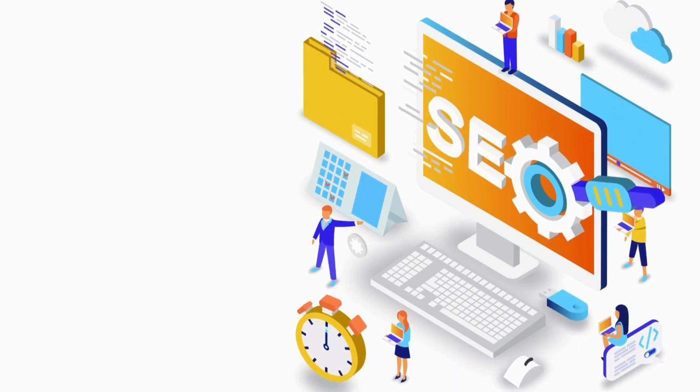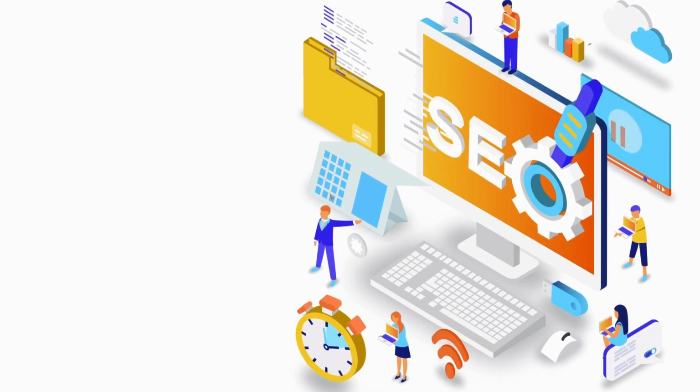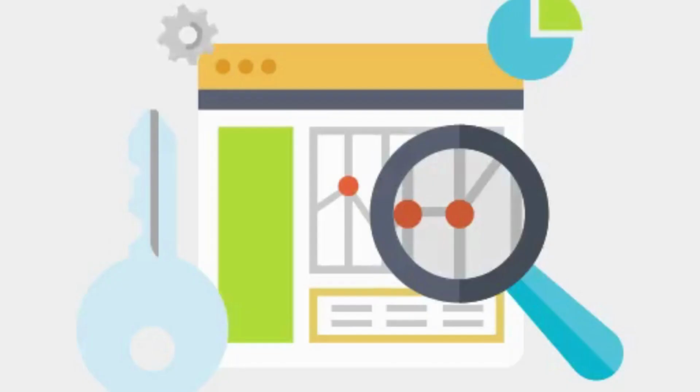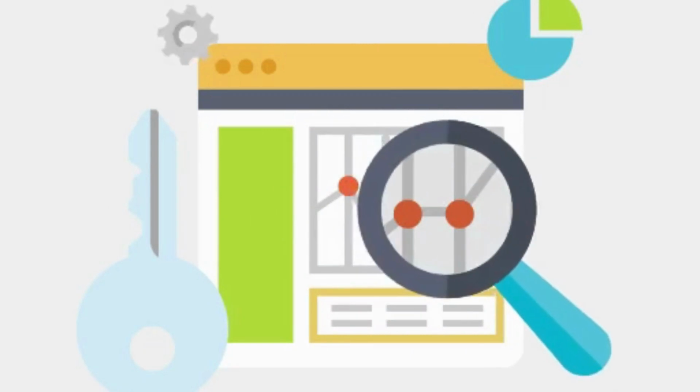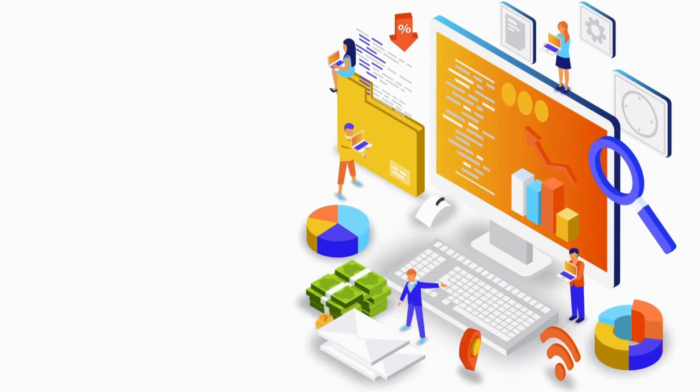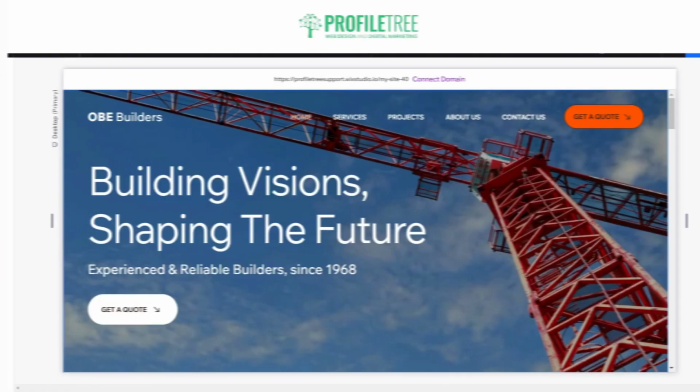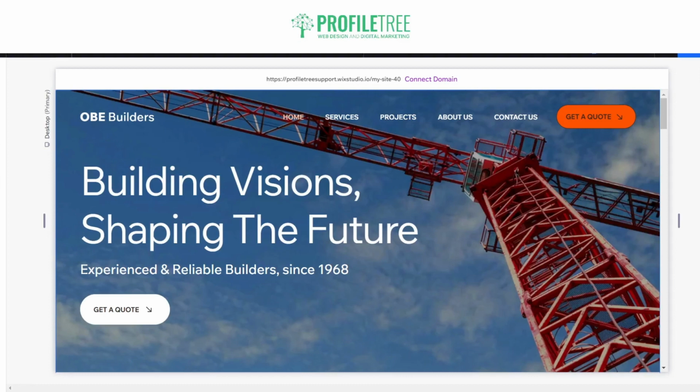So what we'll do is we're going to use a content management system, which is Wix, to break down the key components of on-page SEO. So we've got the Wix CMS builder open, and this will just fully explain the on-page SEO and off-page SEO.